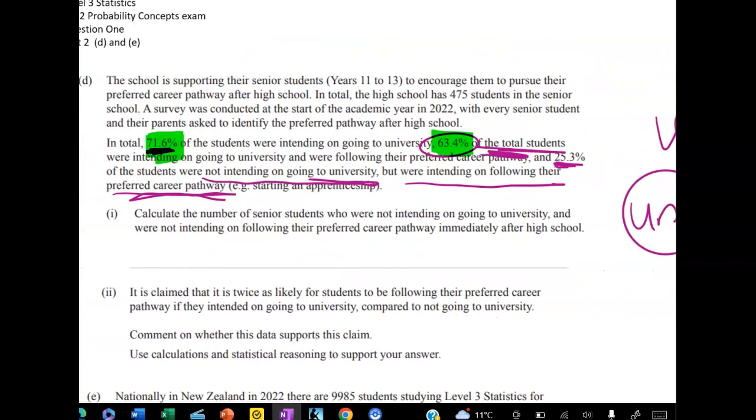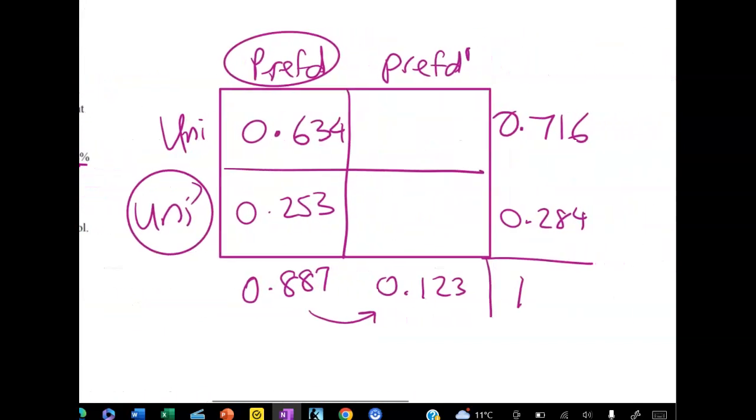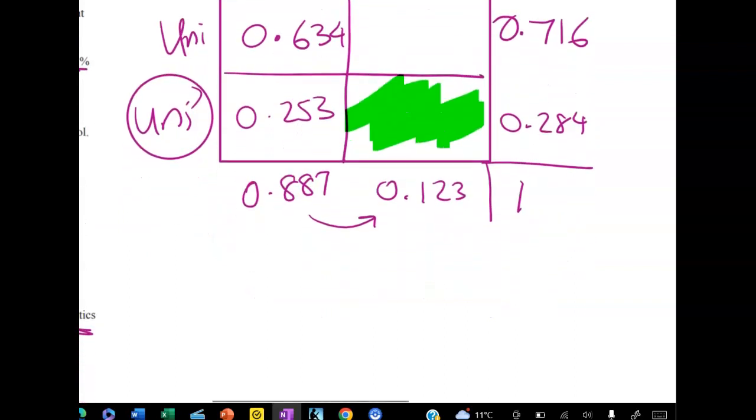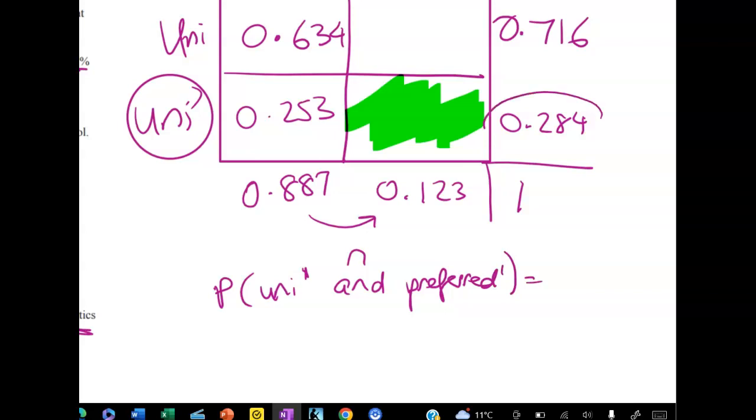Okay. Calculate the number of senior students who were not intending on going to university and were not intending on following their preferred career pathway. So that means that I need to figure out this number here, and that's going to be pretty easy, right? So the probability of uni, not uni, and I could write it as a horseshoe, and not preferred is just going to be this number, take away this number.